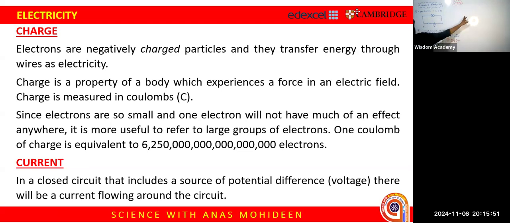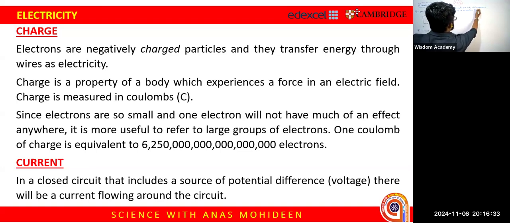Charge is a property of a body which experiences a force in an electric field. So what is called a charge? It is a property of a body which experiences a force in an electric field.